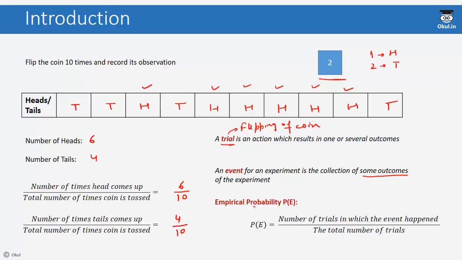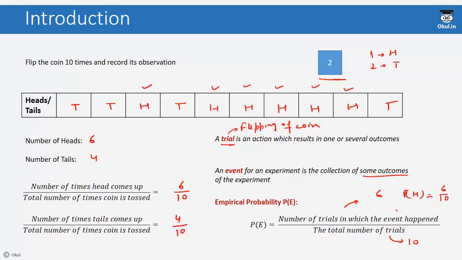So the empirical probability will be the number of times head came up upon the number of times the coin was tossed. So here the number of times head came up is 6 and the total number of trials is 10. Therefore, the probability of head coming up is 6 by 10.